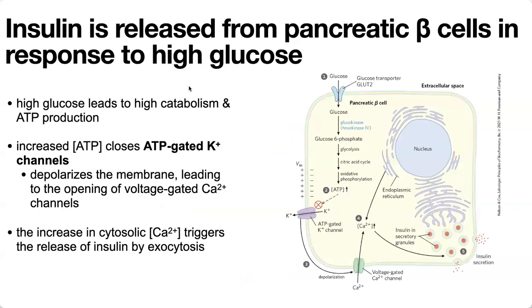That depolarization is going to trigger a voltage-gated calcium channel, which is going to be like, oh, the membrane potential changed, and it's going to let in calcium. Increases in calcium are then going to make these little secretory granules, these little bubbles with insulin ready to go, merge with the membrane, and you get insulin secretion.